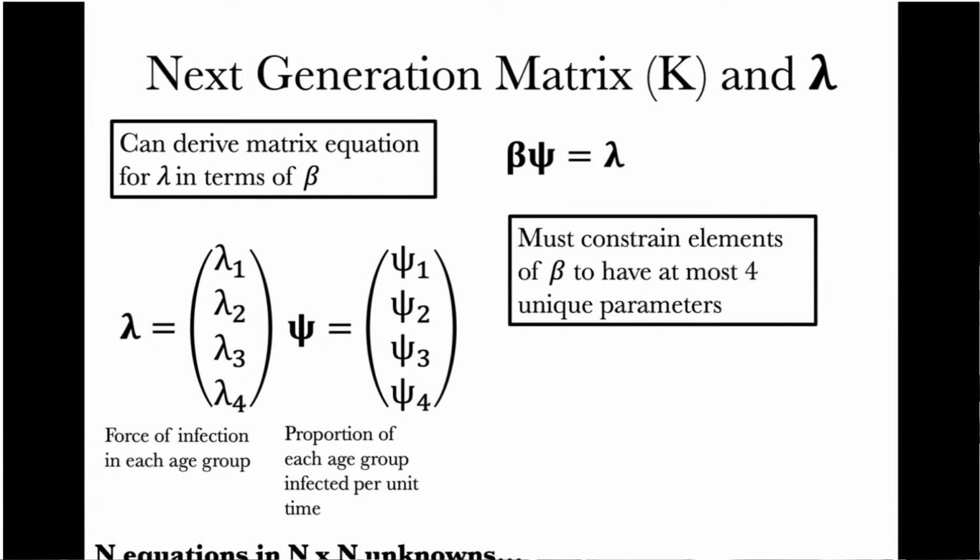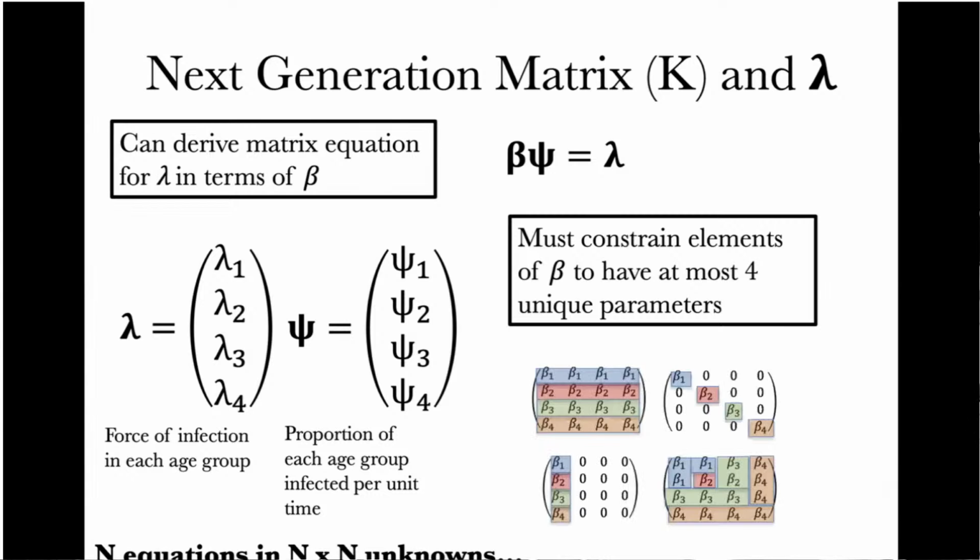But if your beta is a matrix, if you multiply it with the proportion infected, and you want to solve for lambda, you'll have n equations in n unknowns, meaning it's not identifiable. So you have to restrict beta into a simple form.